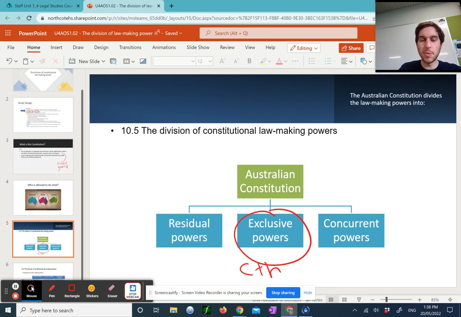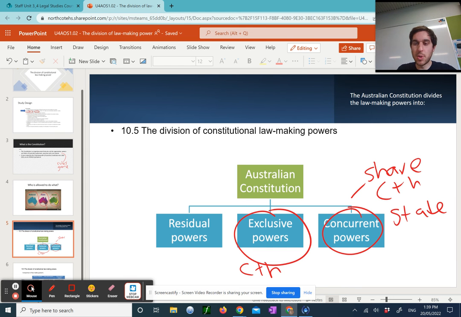And I'll give you some examples of those in a moment. On the other hand, we've also got some powers that the Constitution says are concurrent powers. And now the word concurrent means shared. So in other words, these are the powers that we share between the Commonwealth government and the state governments. So both the Commonwealth government and the state government get to use these powers.